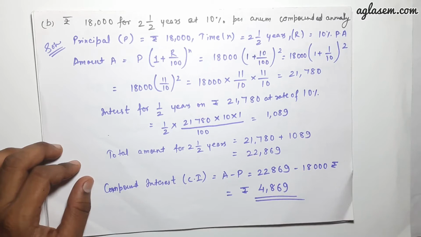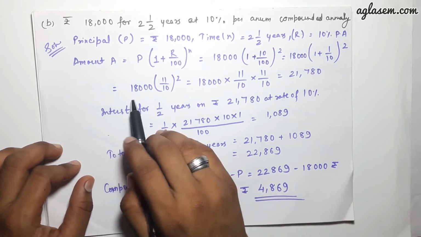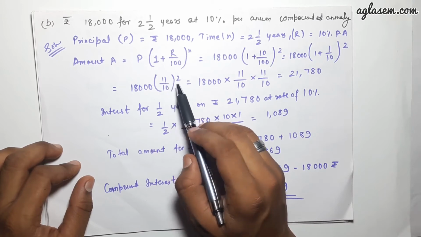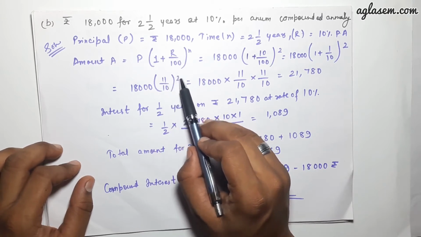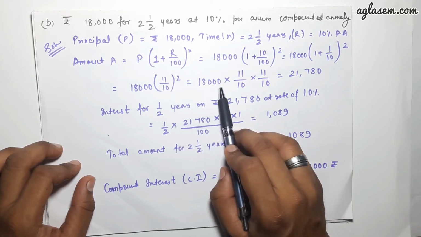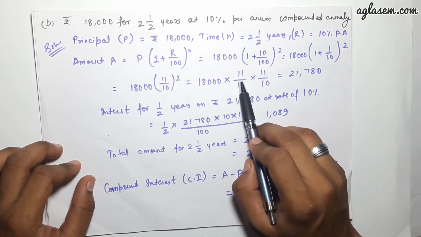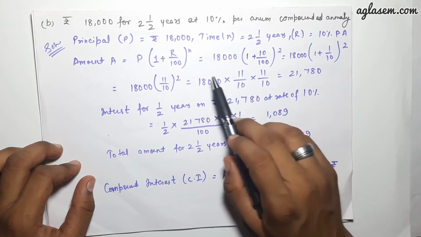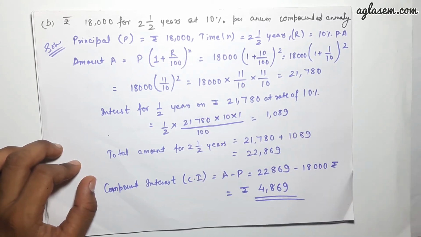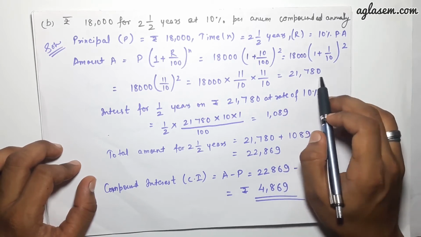So after solving this, 18,000 bracket 1 plus 1 upon 10 bracket close to the power of time. So we have to solve this equation now. We will get 18,000 bracket 11 upon 10 bracket close, the time is 2, is equal to, now we have to multiply it twice. So 18,000 into 11 upon 10 into 11 upon 10, because it's for 2 years. So the answer will be 21,780.